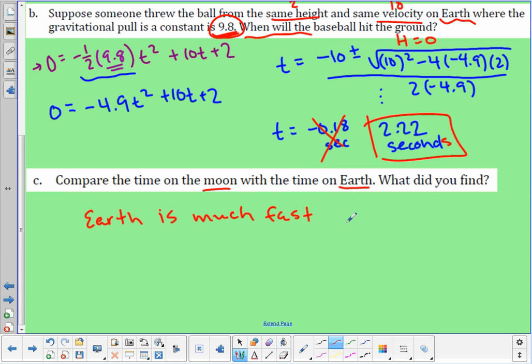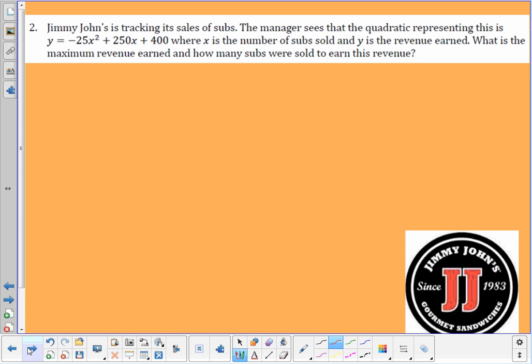And my reasoning behind that is the fact that gravity is much stronger, so it pulls it back down a lot faster. Okay, that's my findings.